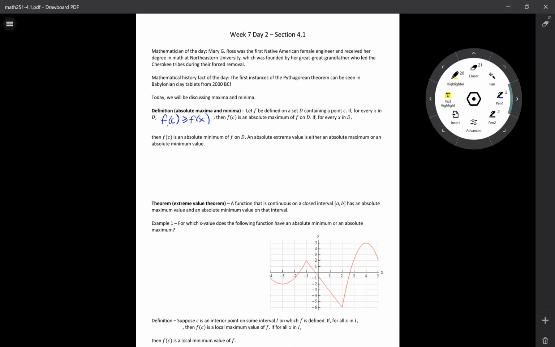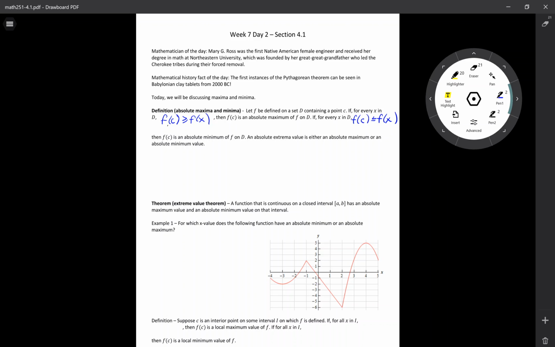If for every x in D we have f of C is less than or equal to f of x, then f of C is an absolute minimum of f on D. An absolute extrema value is either an absolute minimum or an absolute maximum value.